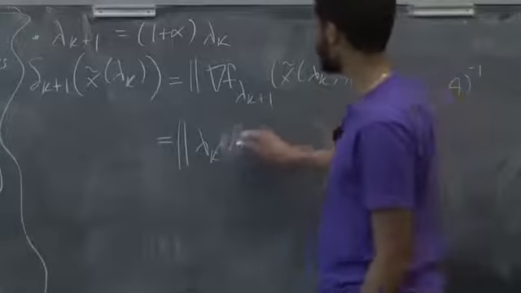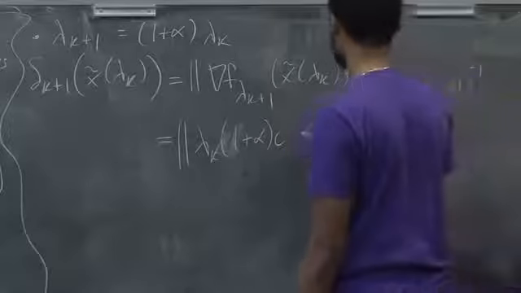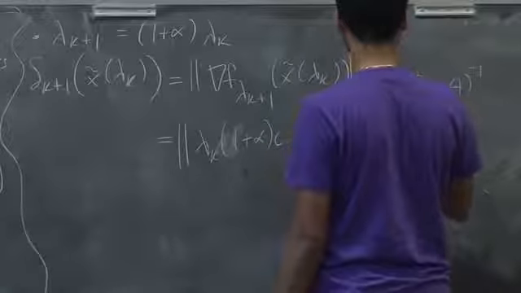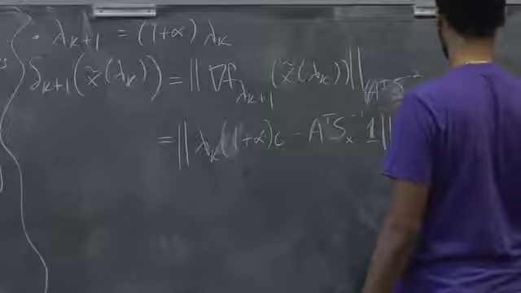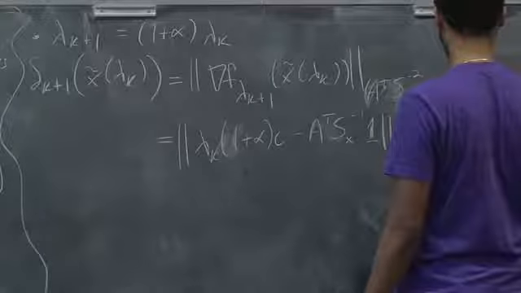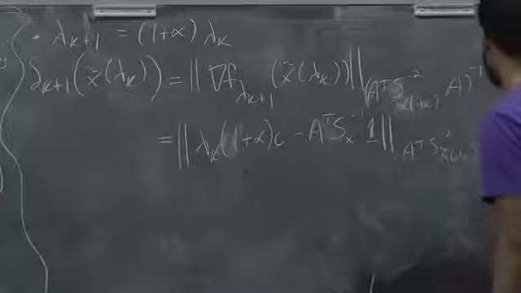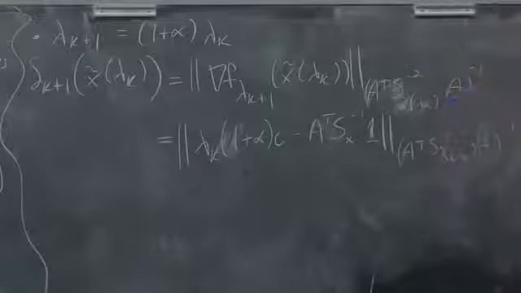So lambda k times 1 plus alpha times c minus A transpose S_x inverse 1's vector times that same thing.